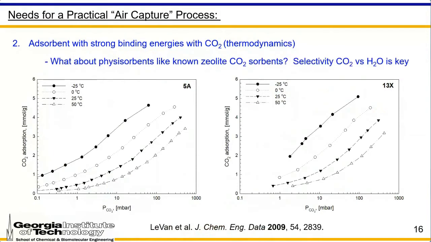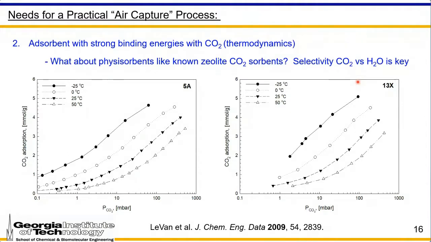So when we consider the array of well-known, well-characterized physisorbents like zeolite 5A or zeolite 13X that are quite effective at capturing CO2 under a range of temperatures as well as a range of pressures, we remember that because of the selectivity of CO2 versus water being so important, these types of sorbents are generally not your first choice sorbents for direct air capture.